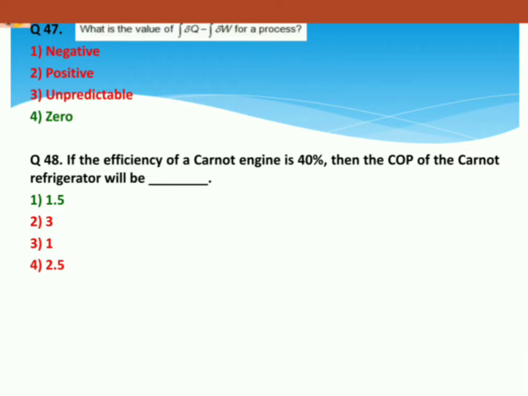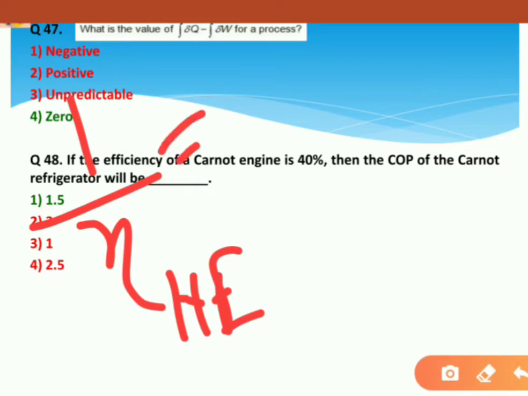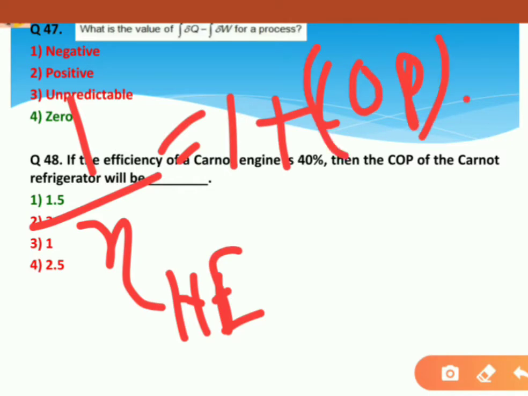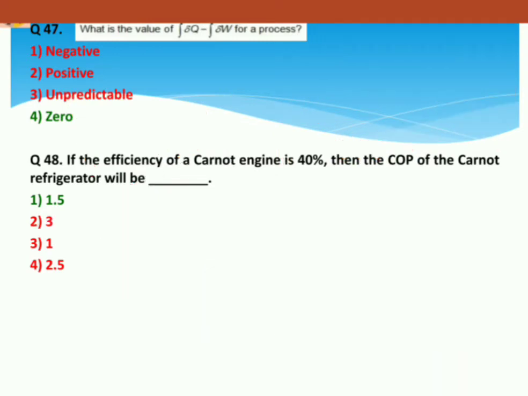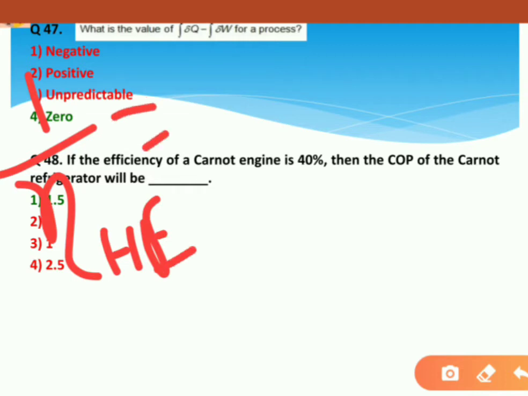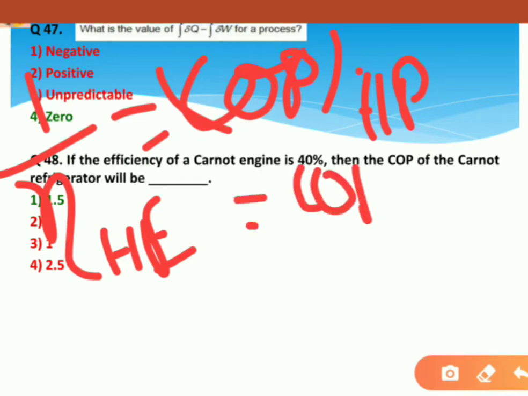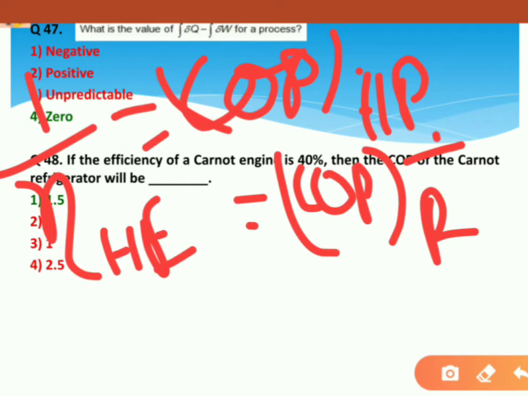So first see the equation. 1 by efficiency of a heat engine is equal to COP of heat pump, and again COP of heat pump equals COP of refrigerator plus 1.